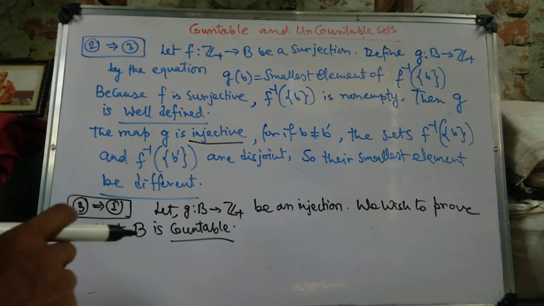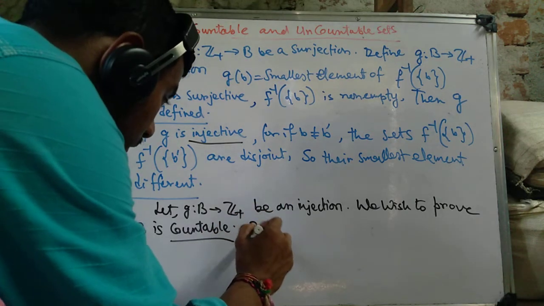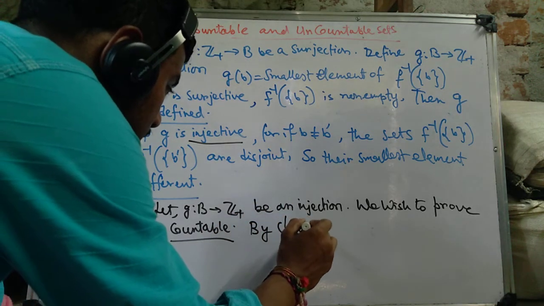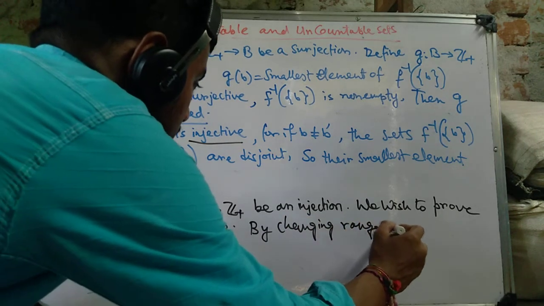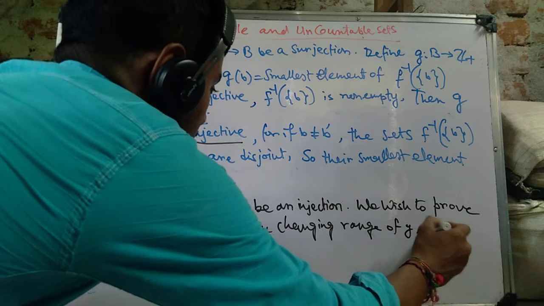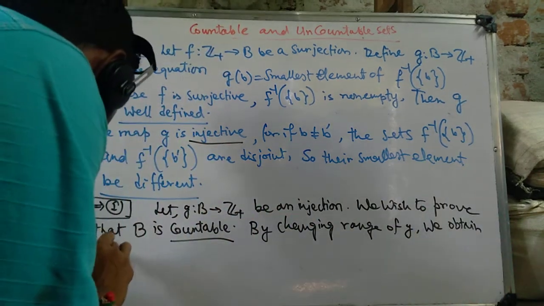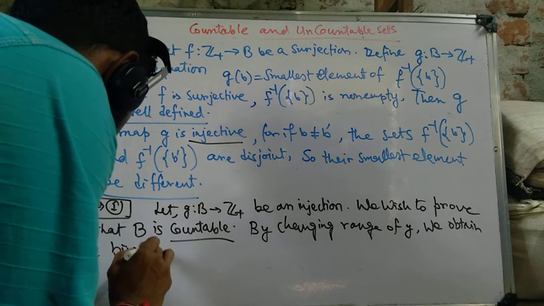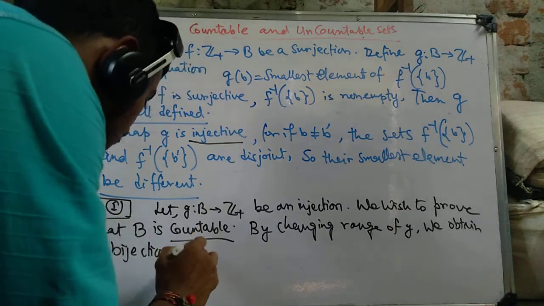Then g is an injection. That means by changing the range of g, we obtain a bijection of B with a subset of Z⁺.